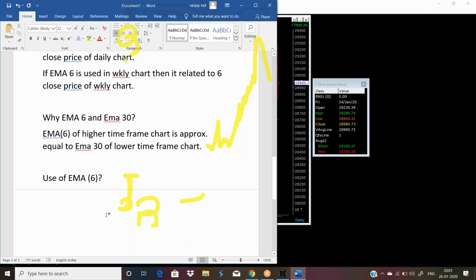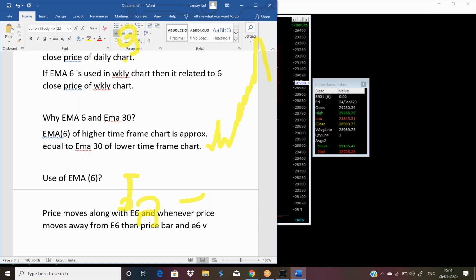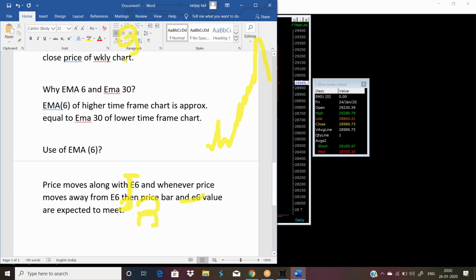The price moves along with E6, and whenever the price moves away from E6, then the price bar and E6 value are expected to meet each other.